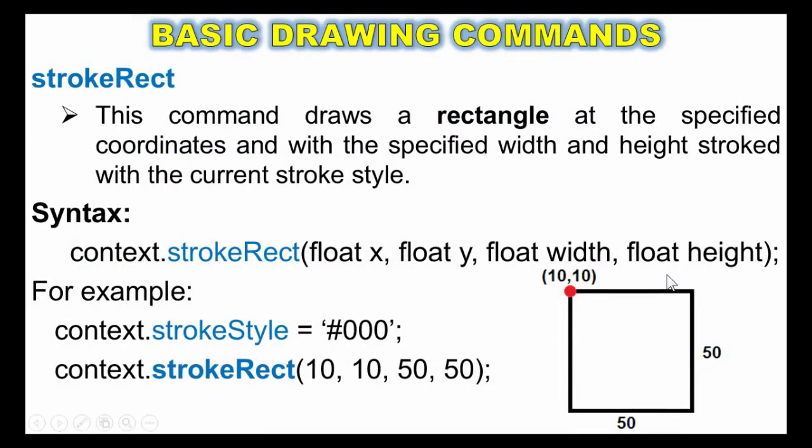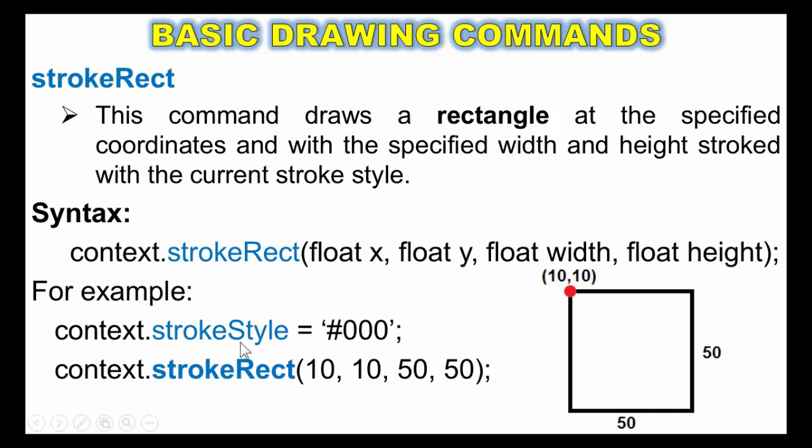The strokeRect command draws a rectangle at the specified coordinates with the specified width and height, stroked with the current stroke style. The syntax, context.strokeRect, and then you need to supply the coordinate where it will draw the rectangle, x and y, and then you need to specify the width and then the height of the rectangle.